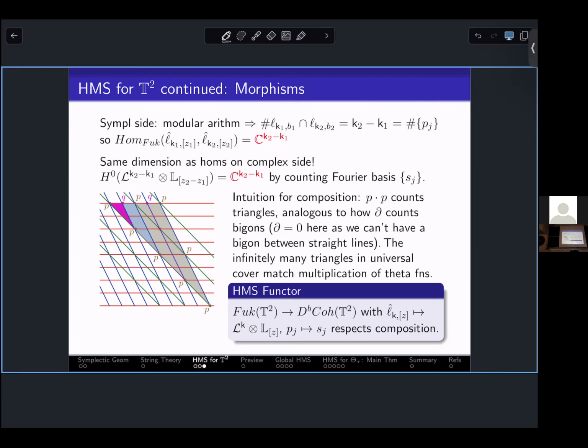You expand with the Fourier expansion and you find a basis, and it's also K2 minus K1 sections of this. Does that give a little bit more motivation? In the sense that I think of a morphism as a theta function, here I should probably think of it as some kind of Fourier component of the theta function?